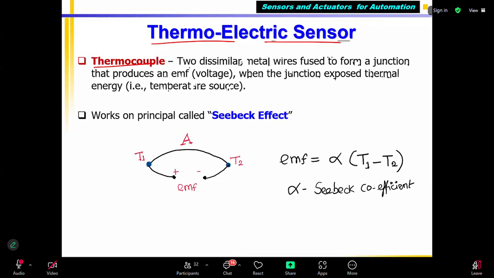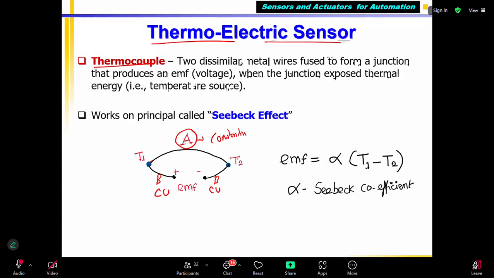A thermocouple is made of two dissimilar materials. I will show it in the next slide. For example, this is copper. This is also copper. You take two copper wire pieces and connect them with another wire, constantan.